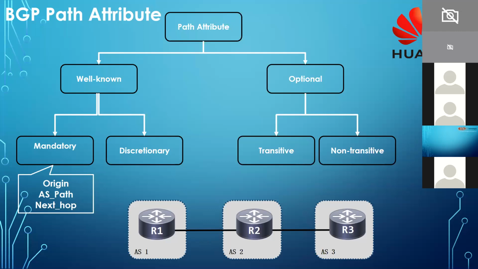With discretionary, you don't need to send the attribute in each update. If R1 sends an update to R2 without the well-known mandatory attribute, R2 will not accept this update. But if the update doesn't contain the well-known discretionary attribute, R2 will accept the update.